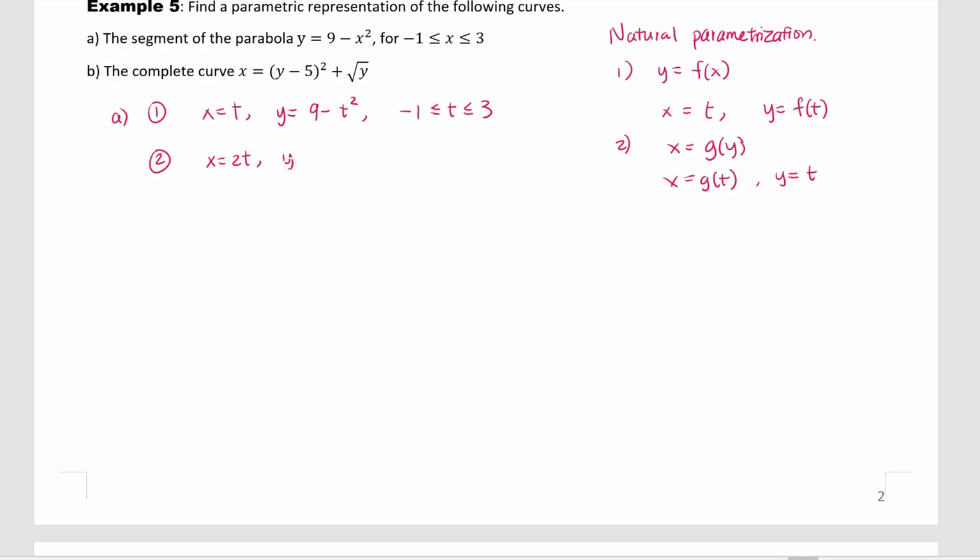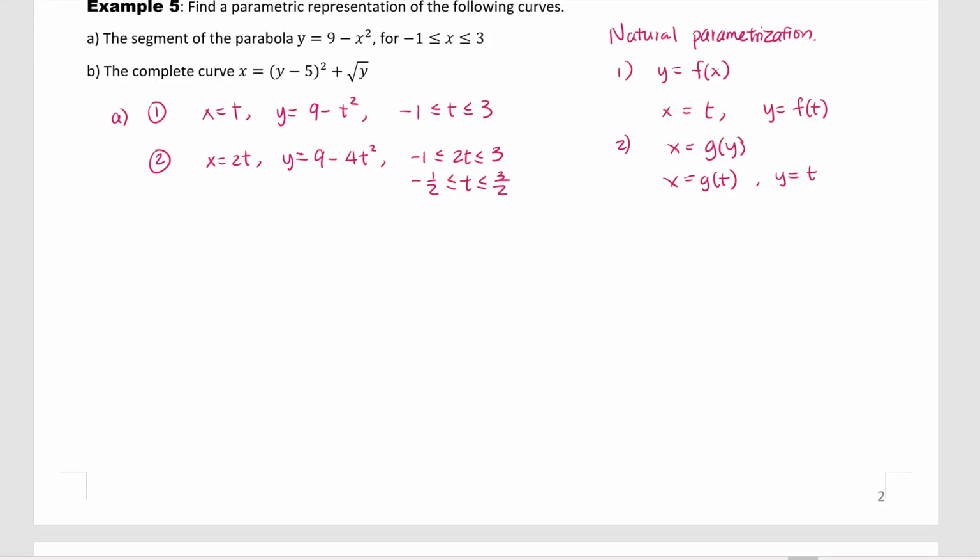Yes. Then y is 9 minus 2t squared, which is 4t squared. But you have to be careful, because x is between minus 1 and 3, and x is 2t, so t is between minus 1/2 and 3/2. You see the range of t changes here. And parametrization number 2 is double the speed of the first one.